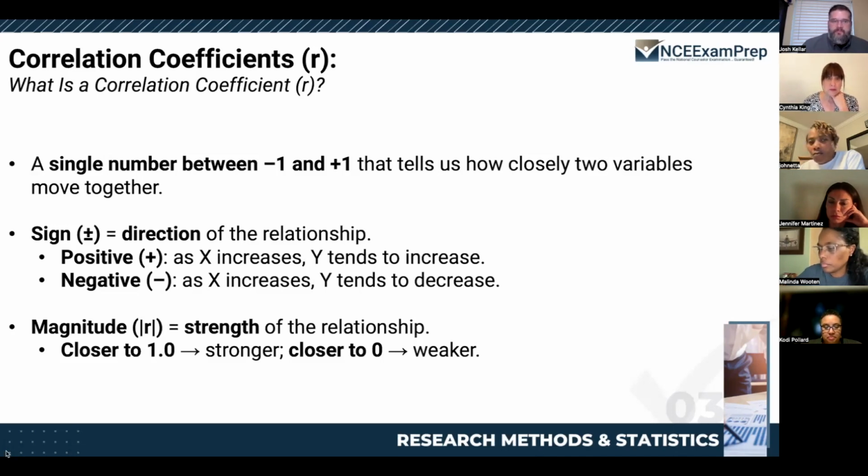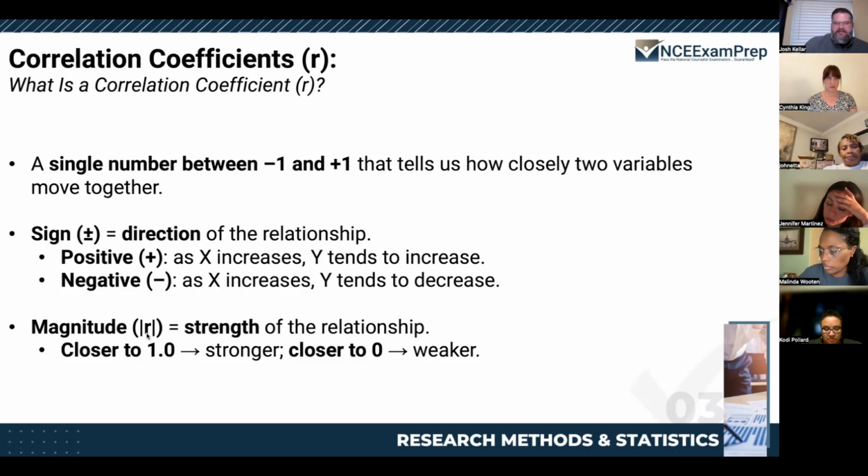Okay, we have the sign, plus or minus, which equals the direction of the relationship. Positive, using the plus sign: as x increases, y tends to increase, or as x decreases, y tends to decrease. And then we use the negative sign: as x increases, y decreases, or as x decreases, y increases. Okay, so that's how we determine the direction, with positive or negative.